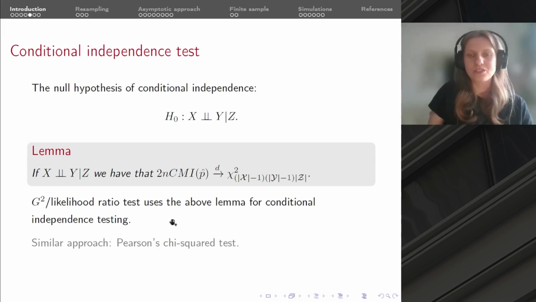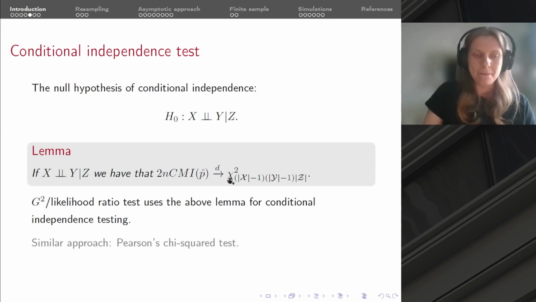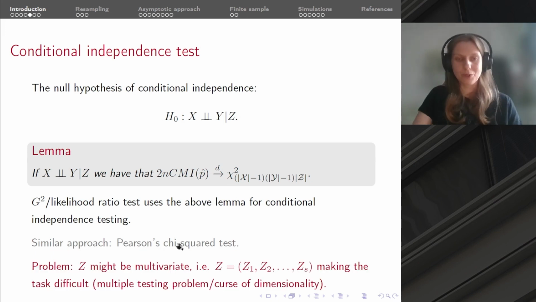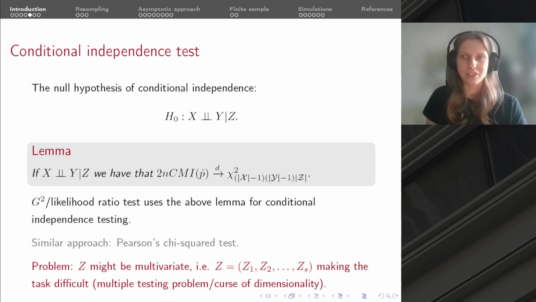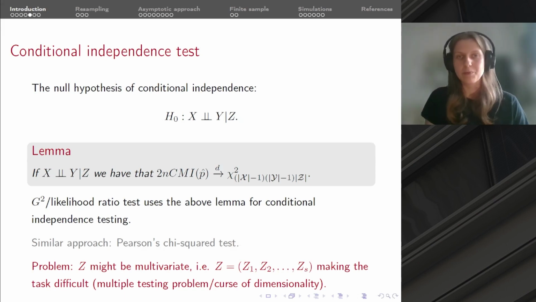And the test uses this lemma about the asymptotic distribution of CMI hat. You probably remember the rule that we need 5 observations per distinct value in our sample. For conditional independence testing, this is a problem, because Z might be multivariate if we have a big model with many variables in it.